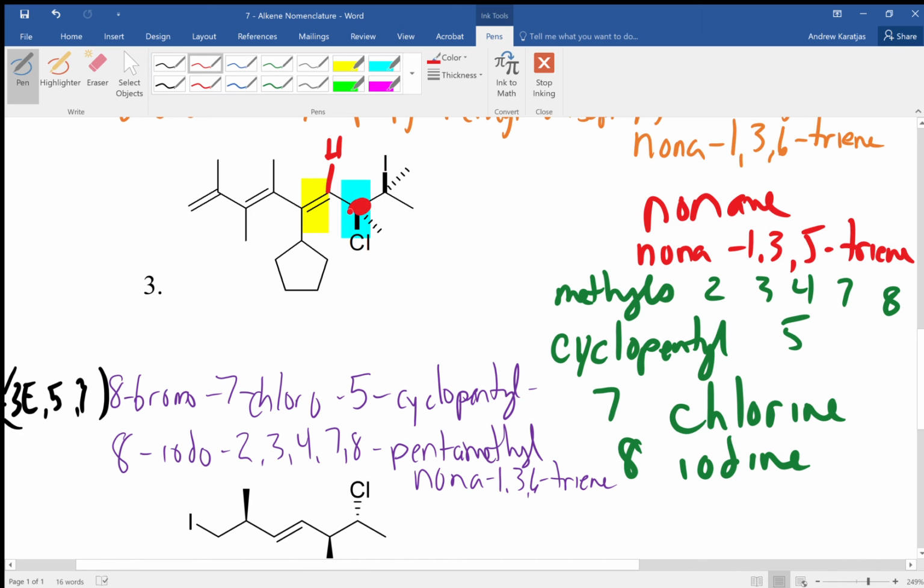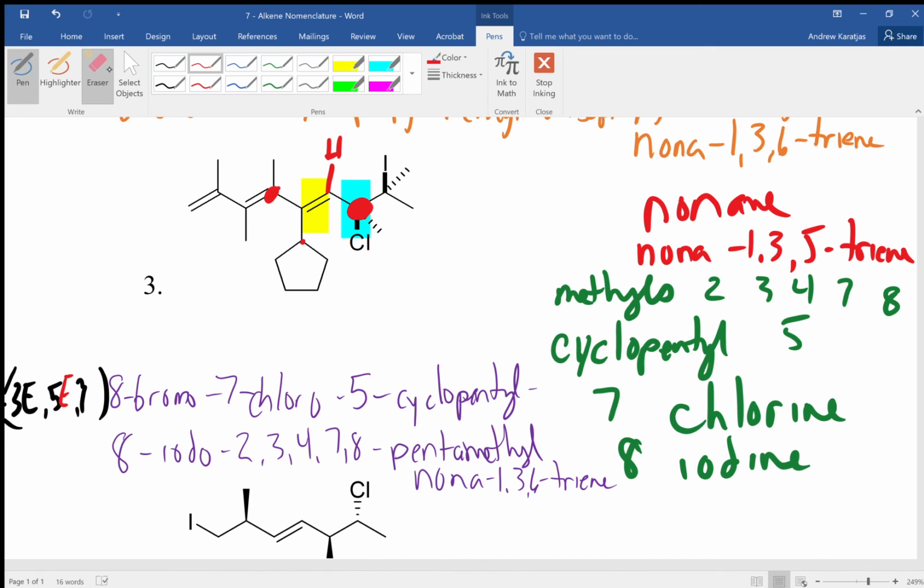So higher priority down here. What about the other side? Well, this is a carbon bonded to 2 carbons. This is a carbon that counts as being bonded to 3 carbons. That's higher priority. Higher priority groups are on opposite sides. We have 5E.